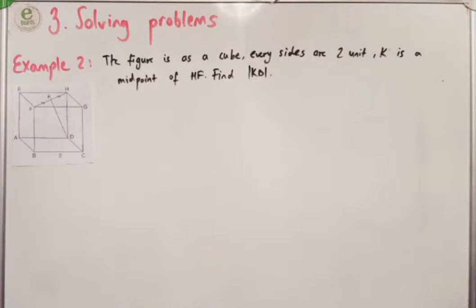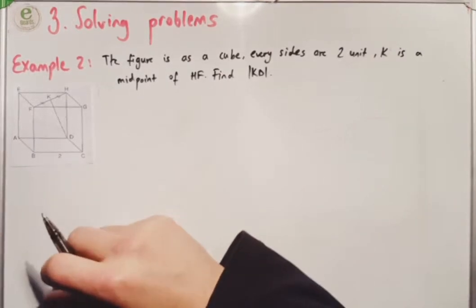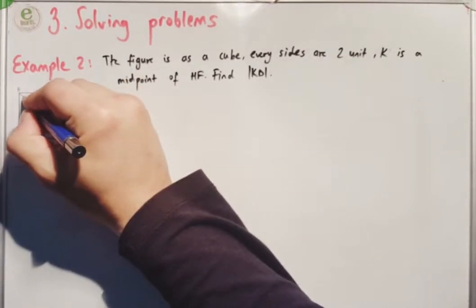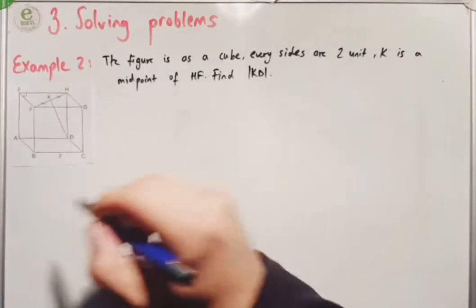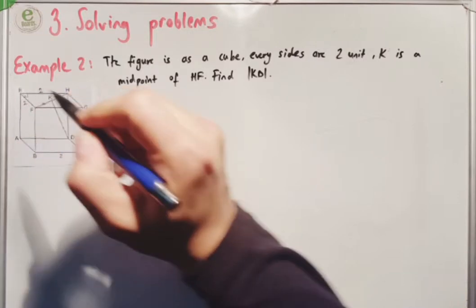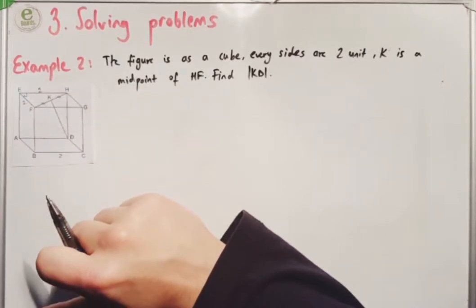And for the second question, we have a cube again. All sides are 2 units and K is the midpoint of HF. We are going to find the length of KD. All sides are equal, 2 units. And we are going to have a right triangle HEF. It is 90 degrees, so EH is 2 units. EF is also 2 units.